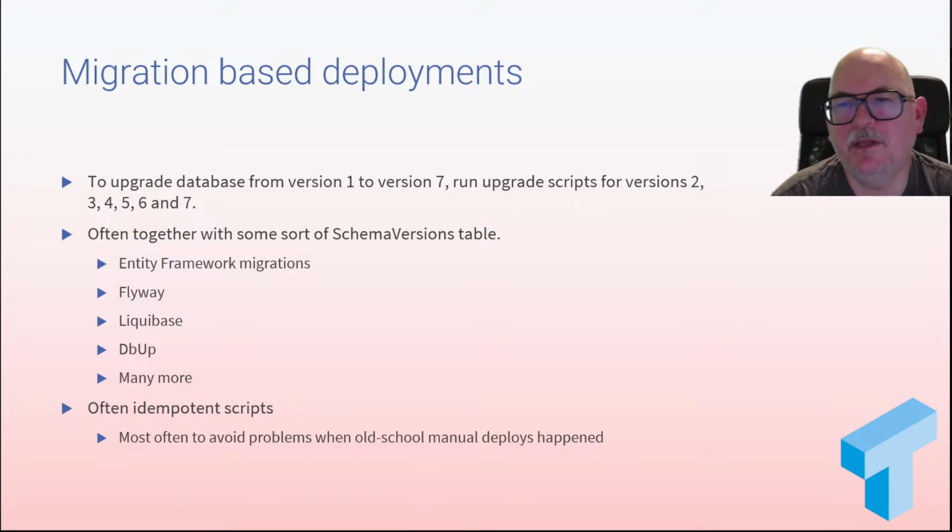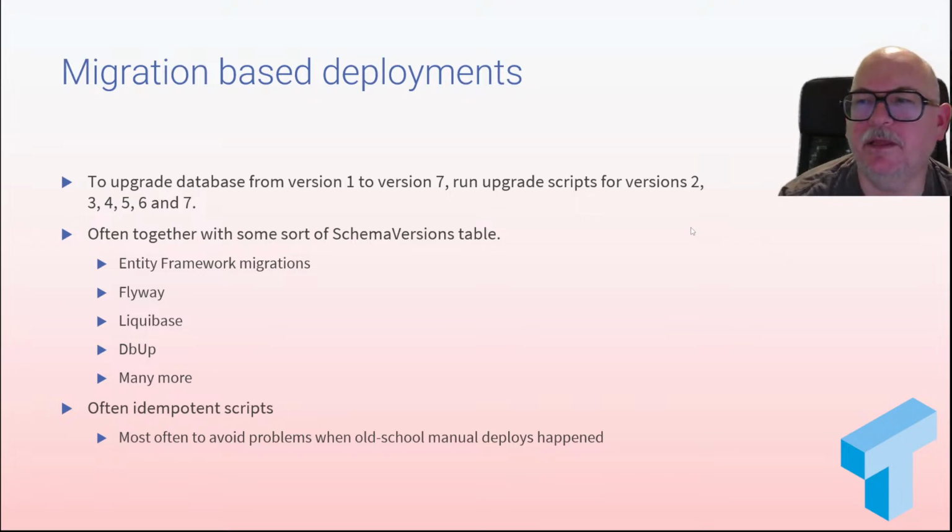For example, if you want to create an index in your upgrade script, check if that index already exists, because chances are the DBA at your customer's place have already created an index, or a table, or added a column, or changed the data type of a column, etc., etc. So there's a lot of if statements in migration scripts most of the time.